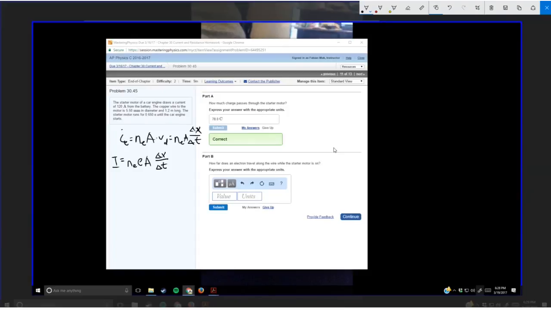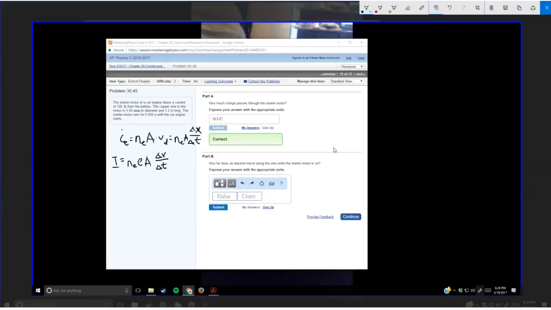Probably you won't run into this. I'm like 100% positive they're not going to ask you to memorize what the electron density of copper is, but because this is a book problem, this is going to come from using the book. In the book, it gives you a little table of the charge densities of different materials.